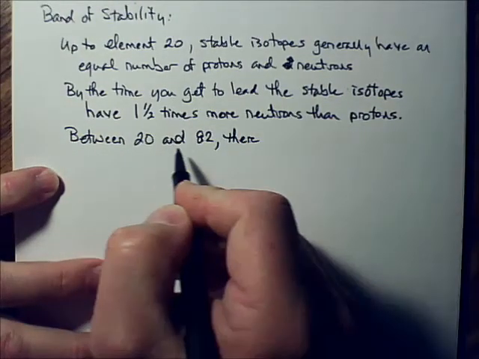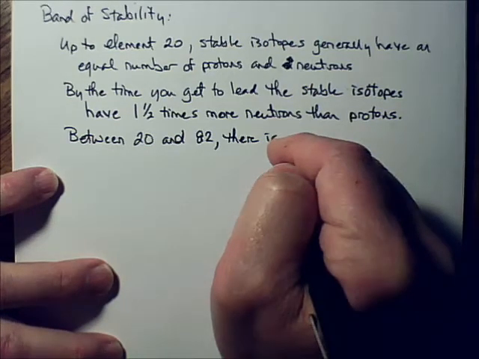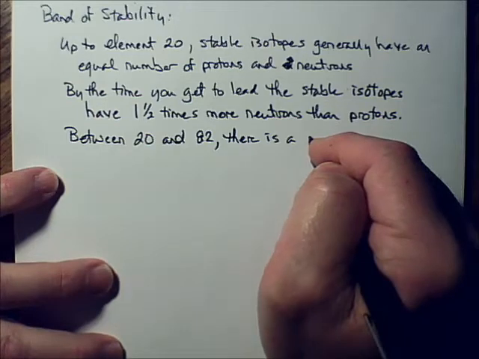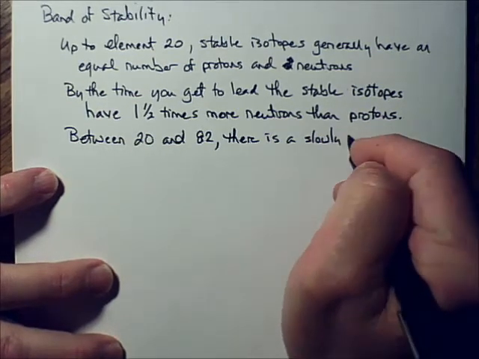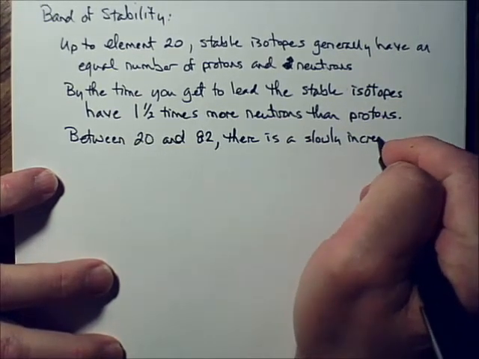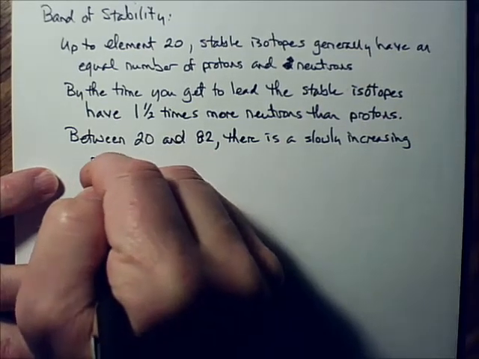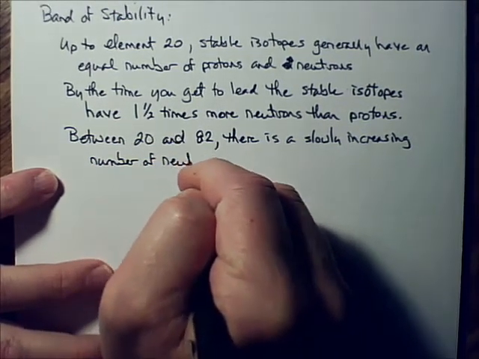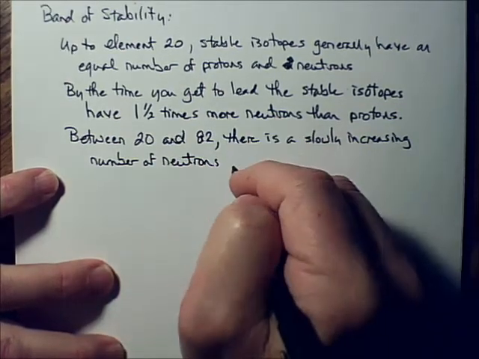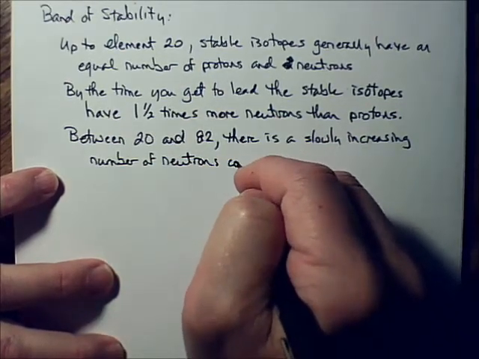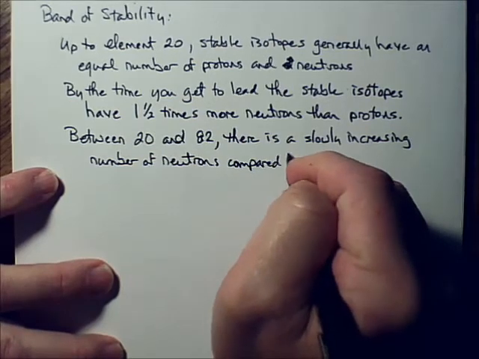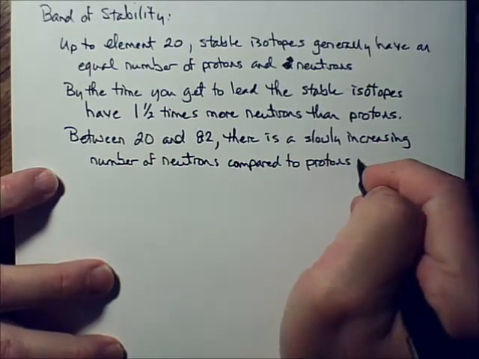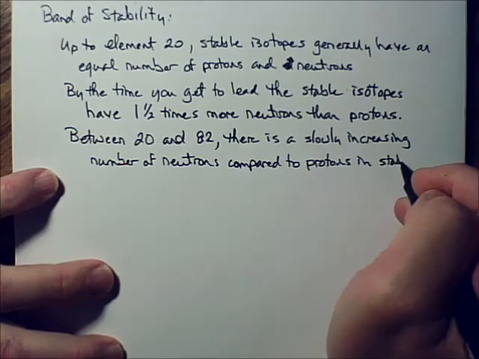Okay. Between 20 and 82, there is a slowly increasing number of neutrons compared to protons in stable isotopes.